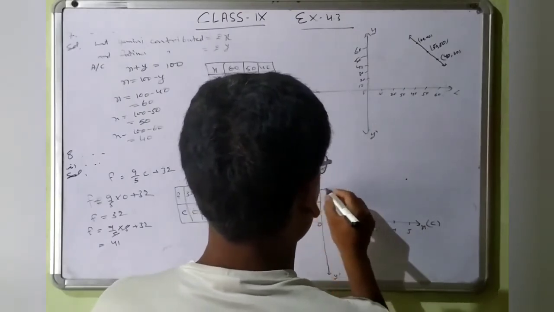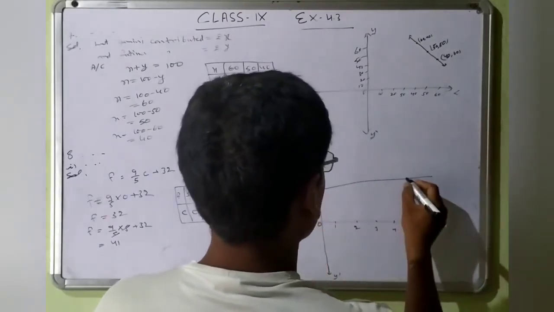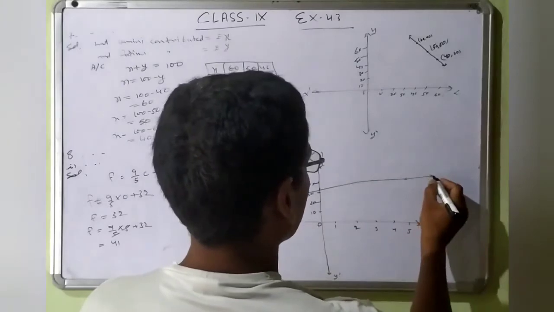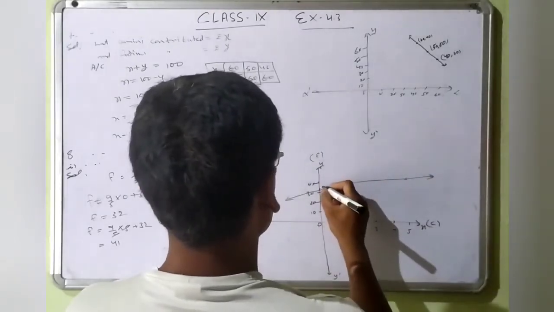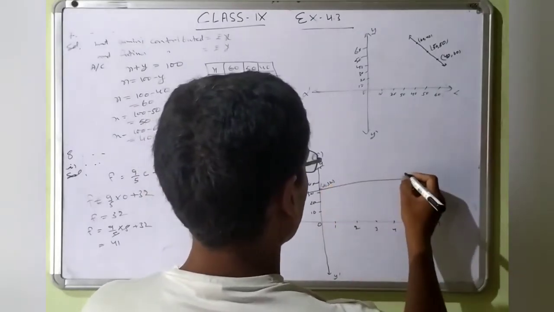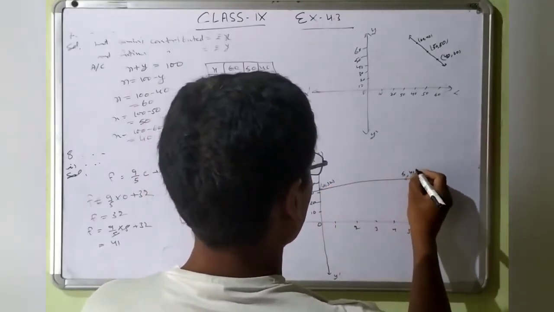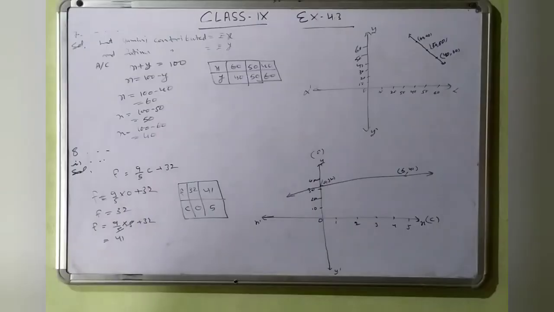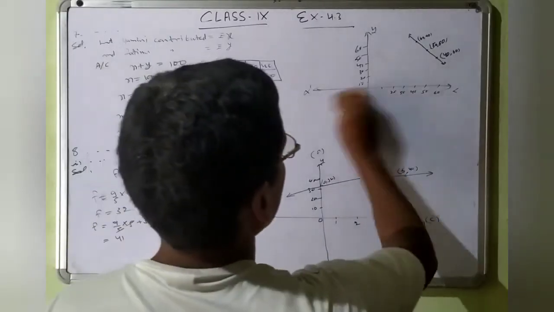Okay, this is the line passing through both points, that is 0, 32 and then 5, 41. Okay, now the second part we will see here.